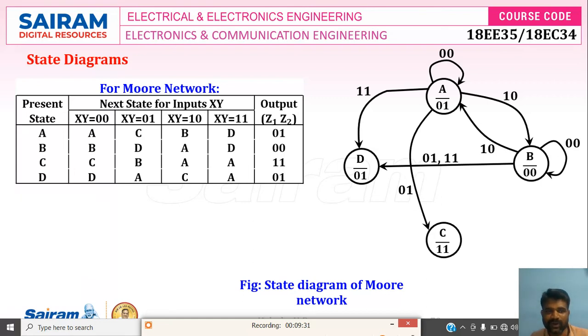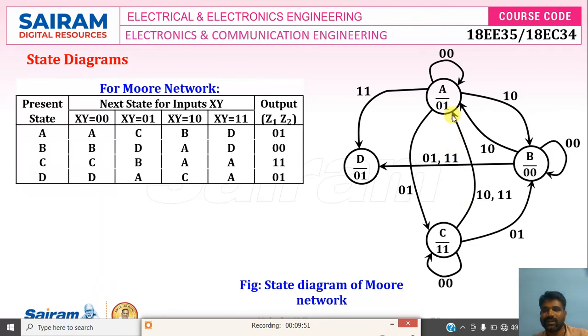Similarly, third row, C to C when 0, 0. And C to B when 0, 1. And C to A when 1, 0 and 1, 1.